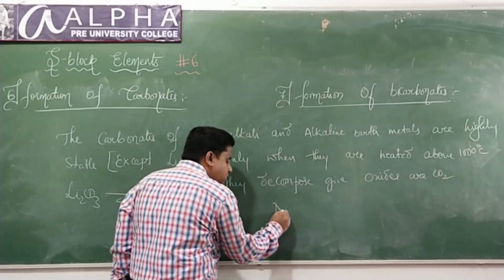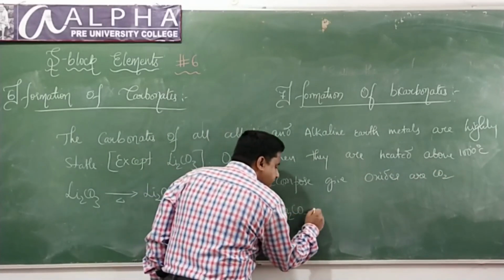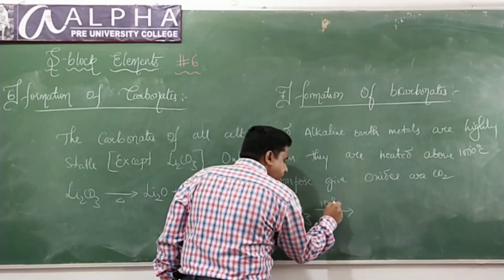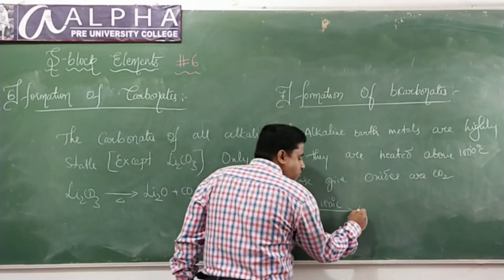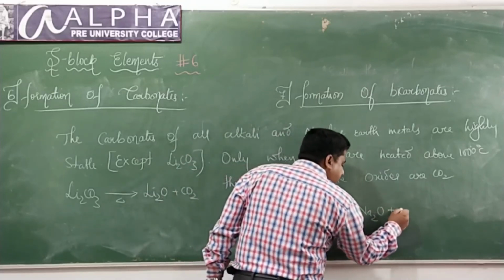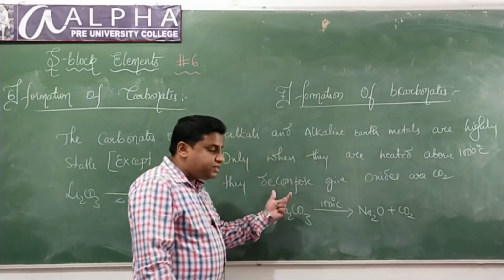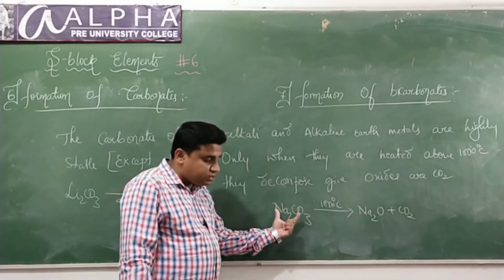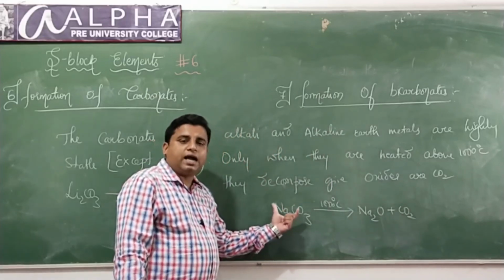For example, sodium carbonate, when it is heated above 1000 degrees centigrade, decomposes to give sodium oxide and carbon dioxide, not at less than 1000 degrees centigrade, because the carbonate of sodium is highly stable.